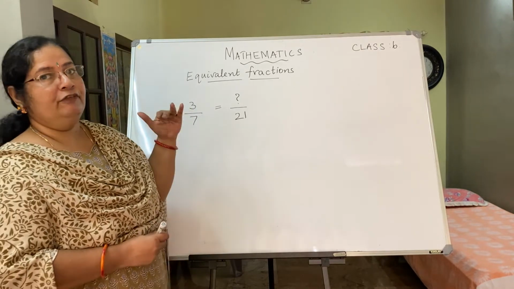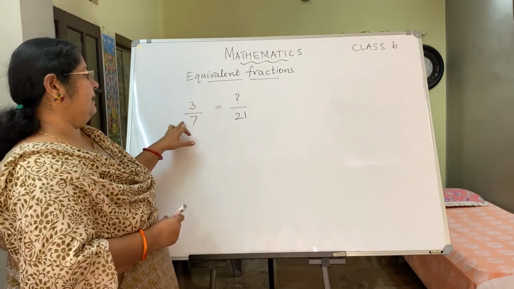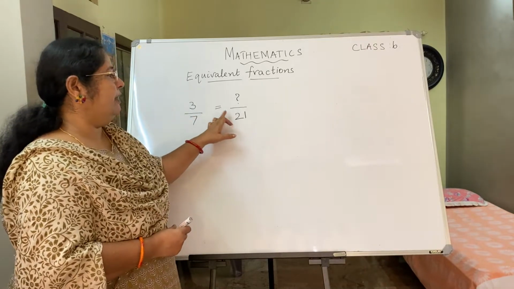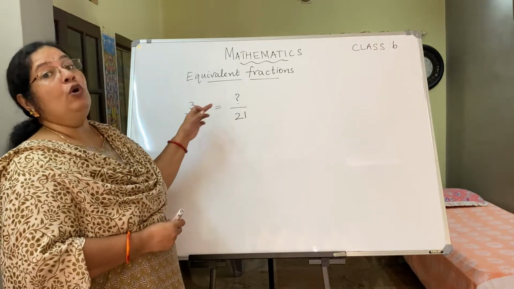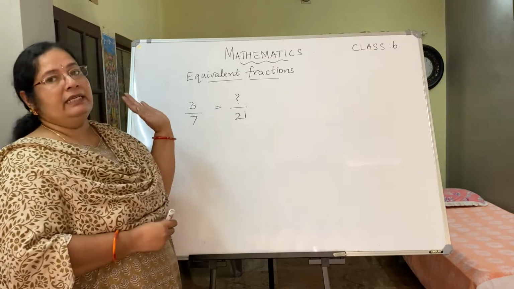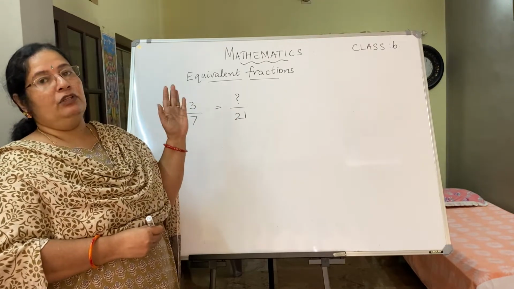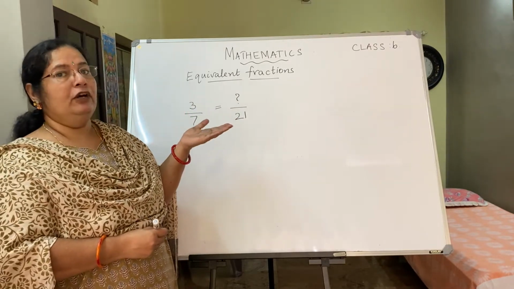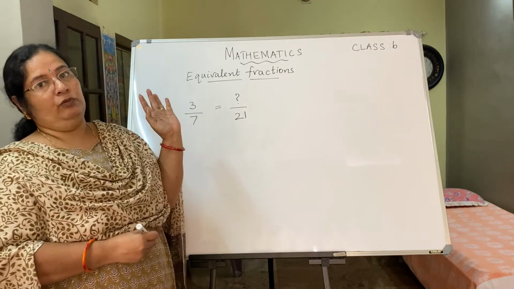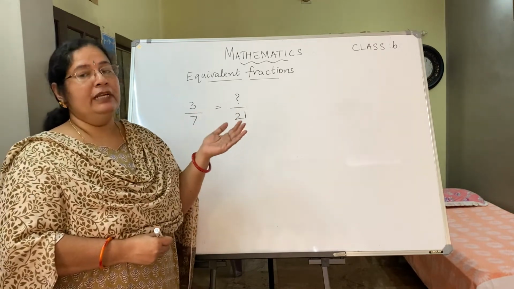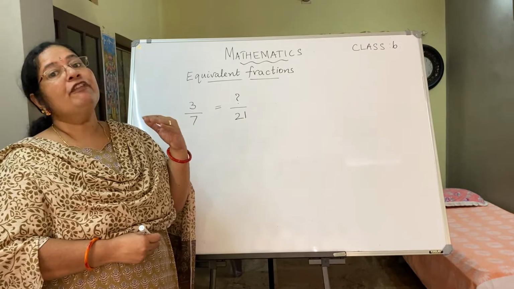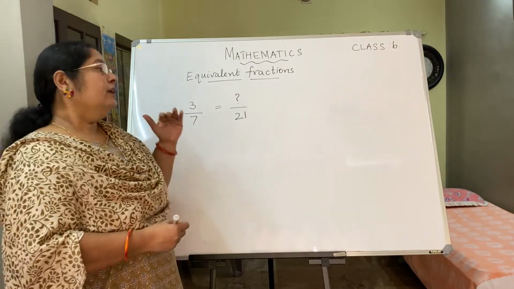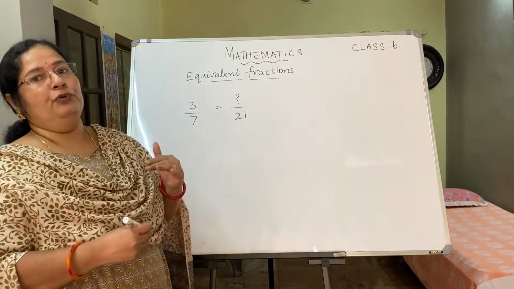Is that question clear for you? So the equivalent fraction you are going to find has the denominator 21. You will have to find a numerator so that we can get the complete fraction. Now the steps you are going to do.